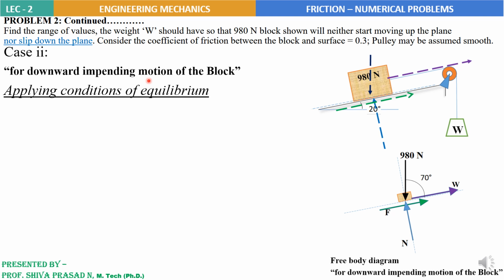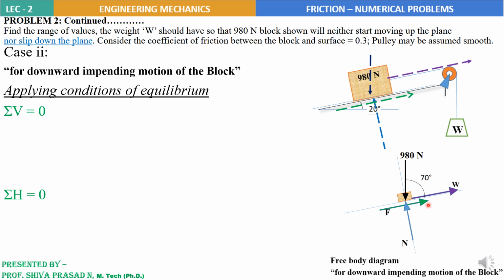Applying the conditions of equilibrium, sigma V equal to 0 and sigma H equal to 0, for downward impending motion of the block, the direction of the friction force F will be in the opposite direction, that is, towards the right.